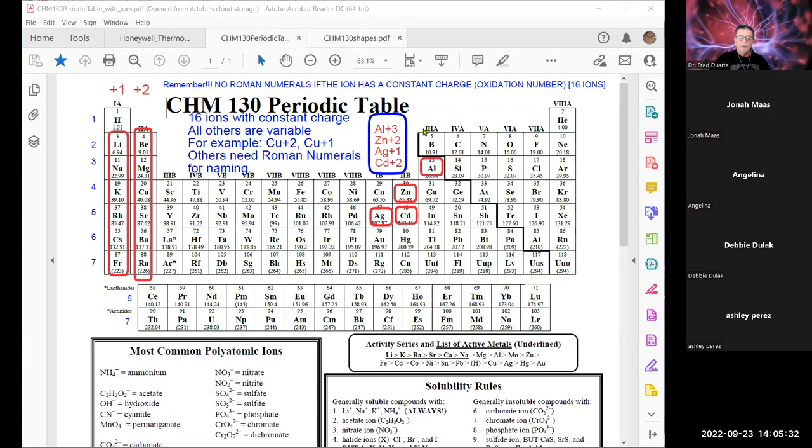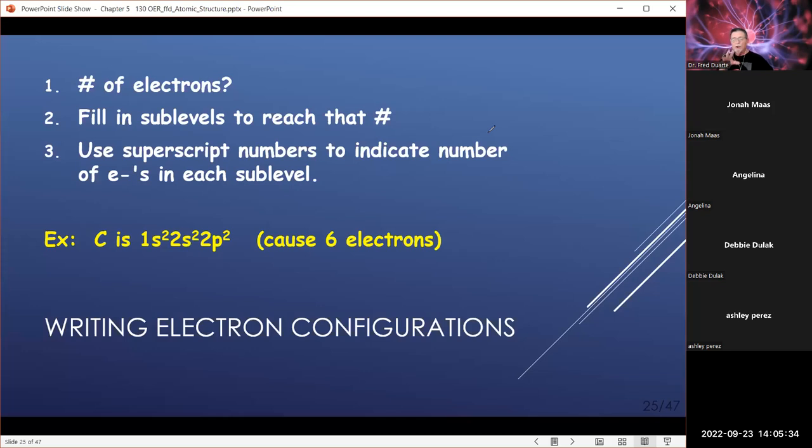Okay. Now you might ask, why are we doing this? Well, there are multiple purposes, but the main purpose is to give you a perspective of the electrons for those elements, and specifically the outermost electrons.